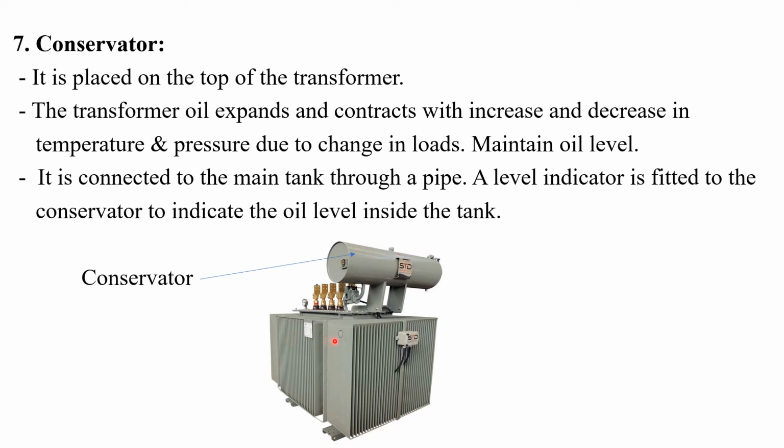And if the oil expands, then the excess oil will directly enter this conservator tank. So conservator will maintain the level of transformer oil in the main tank. That is the major function of this conservator. Okay, normally these conservators and main tanks are connected through a pipe.